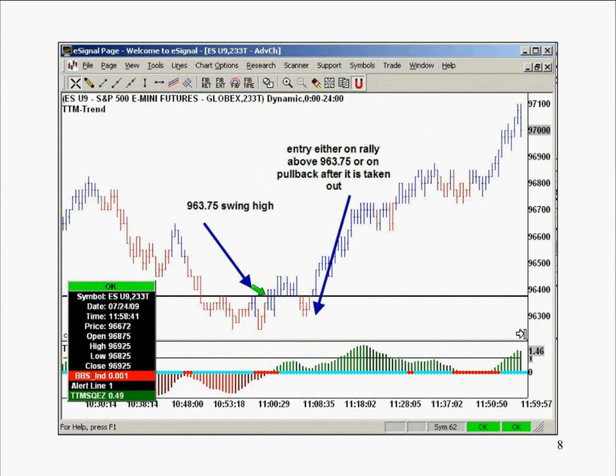Secondary entry would be on a pullback after the breakout. So that would have been after you pulled back right around this area. What I look for as far as a pullback, if you just want a rough idea, this is illustrated on a 233 tick chart. I typically look for a retracement of the prior low to high swing, and you want it to come in anywhere between 50% to 786.